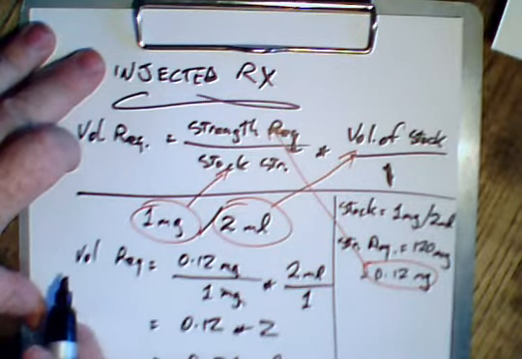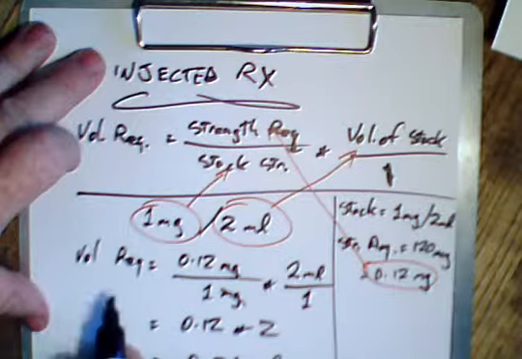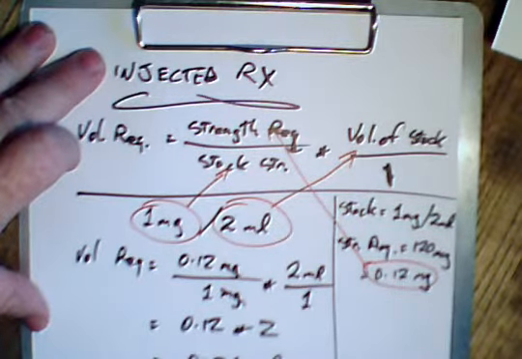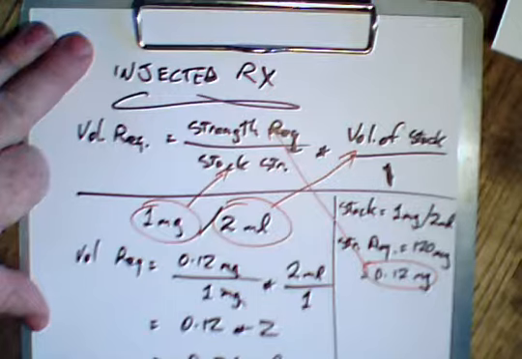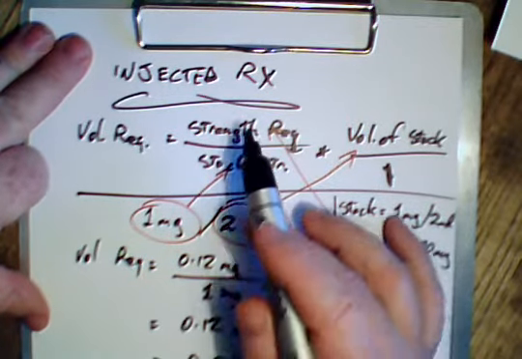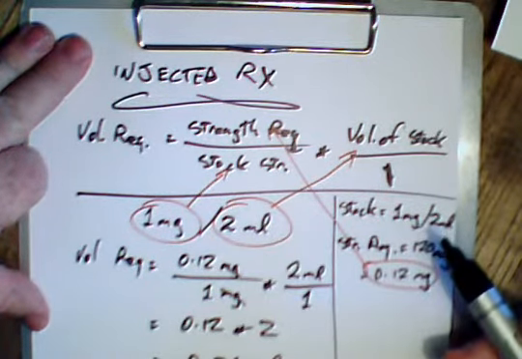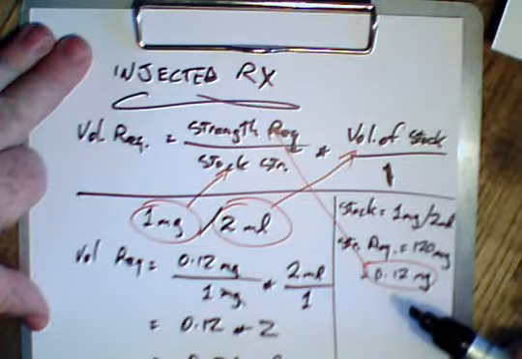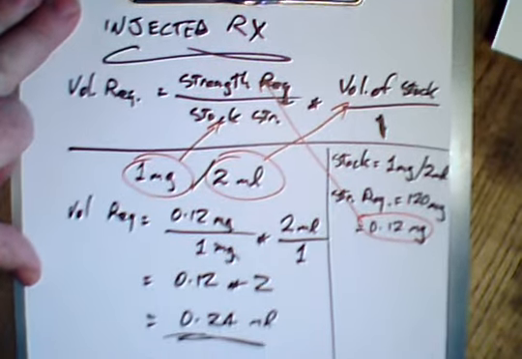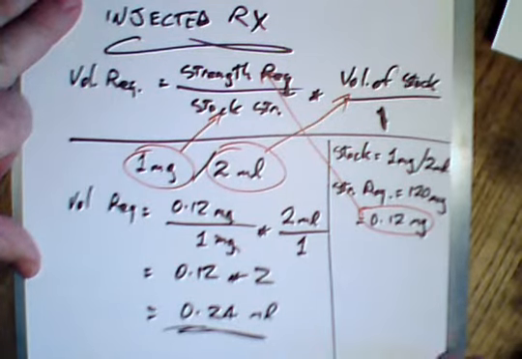So we now have a volume of 0.24 milliliters. The milliliters confirms that it is actually volume. So this is now our correct answer. This is the very basic, straightforward determination of what is required for injections or any fluid that's being given.